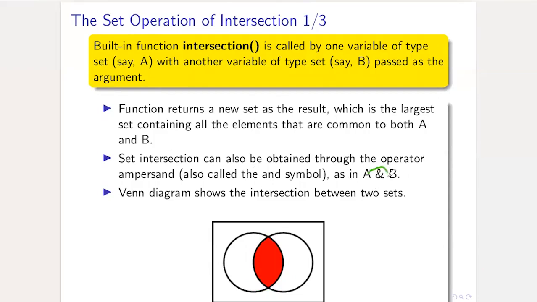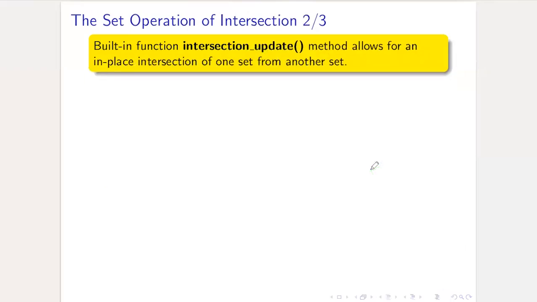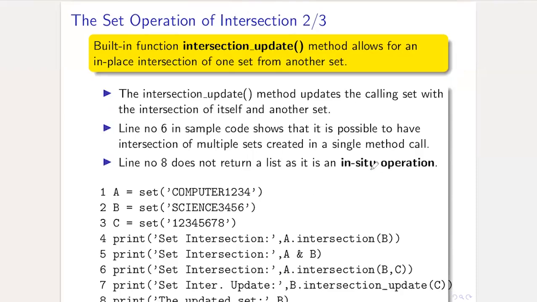That operator is the ampersand operator, which gives you the intersection. Here's a sample code again, and similar to the difference, intersection also has an in situ version, which is intersection update, which will change the variable that you are passing.